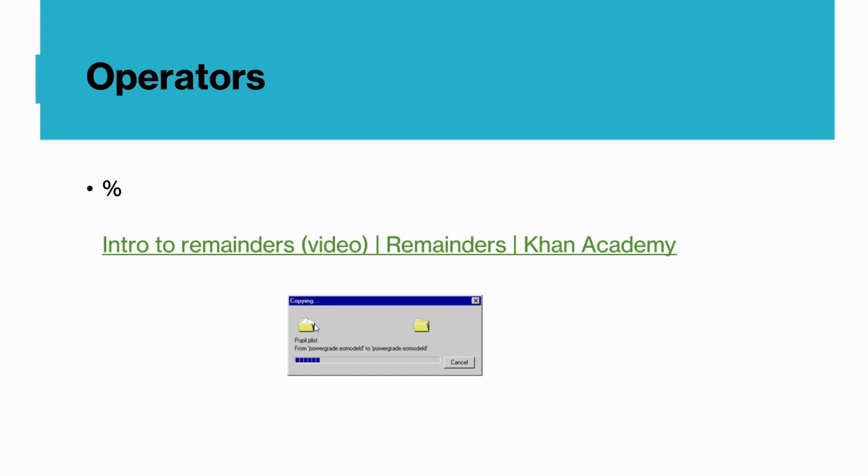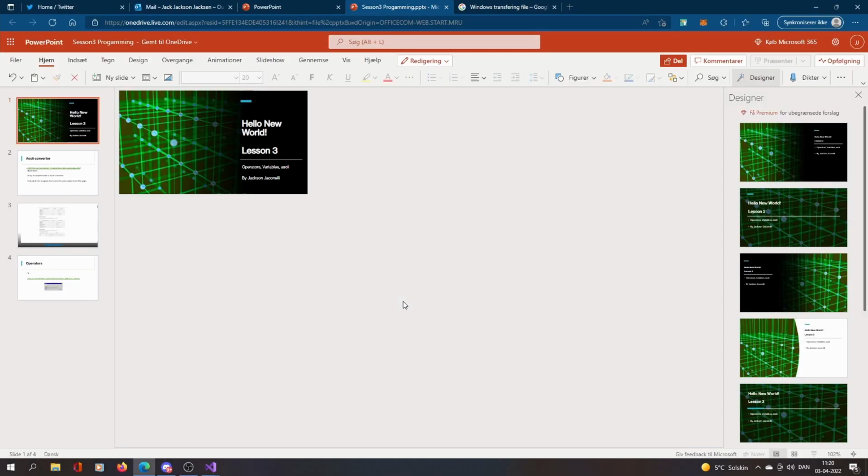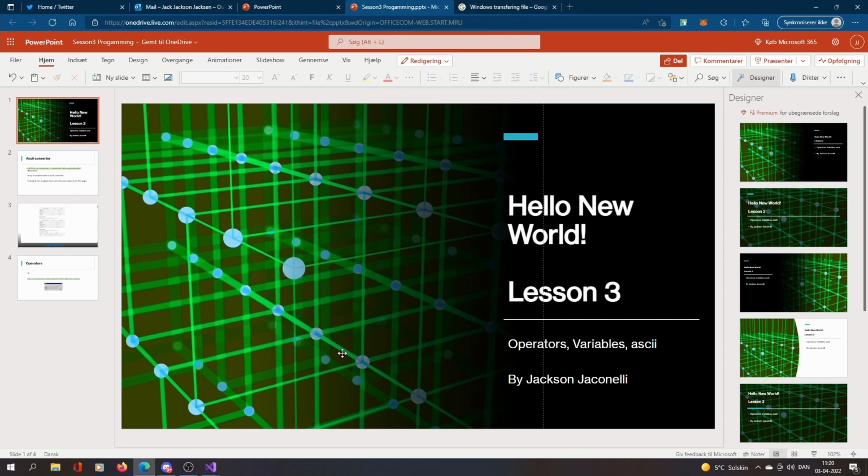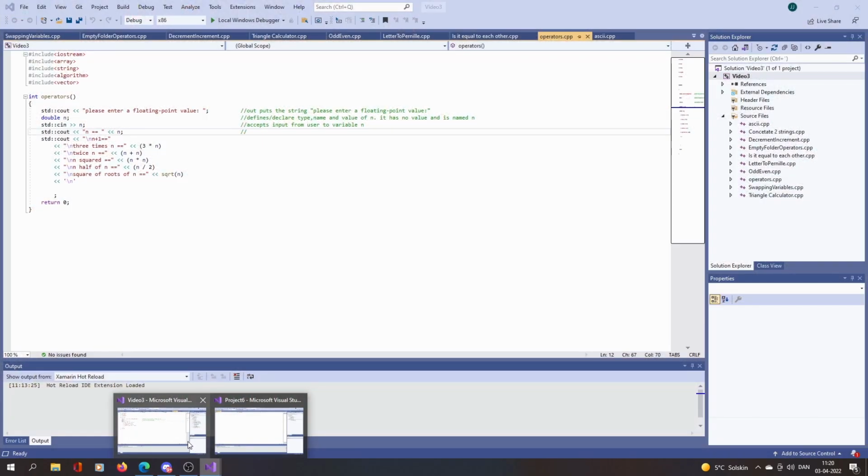Just always think of this folder when you're programming. There's a paper going to another folder and going back and forth, and you can change whatever is written on the paper or the instructions on the paper. So I'm going to pause the video a few times on the way. I didn't have time, that's why I didn't make the video. But I'm going to jump straight to my IDE.